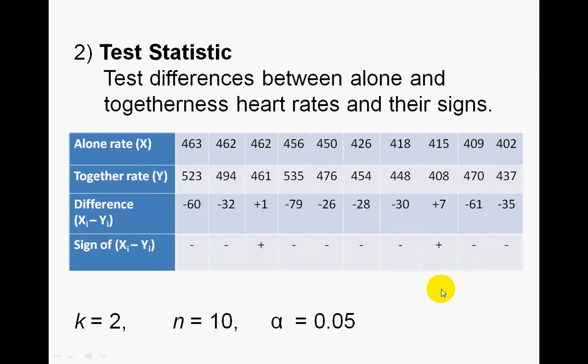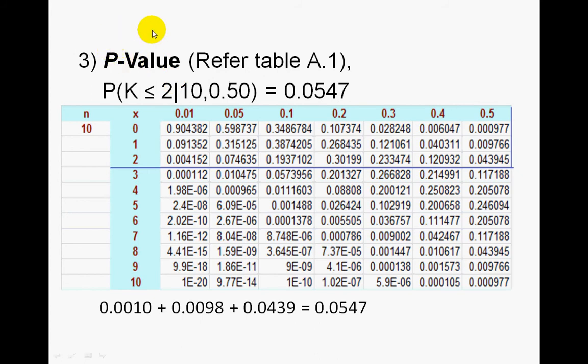Next, find the p-value. To find the p-value, we need to refer to table A.1. We know that n equals 10, K equals 2, and p equals 0.5. From the table, we found that the p-value is the summation of all these values.